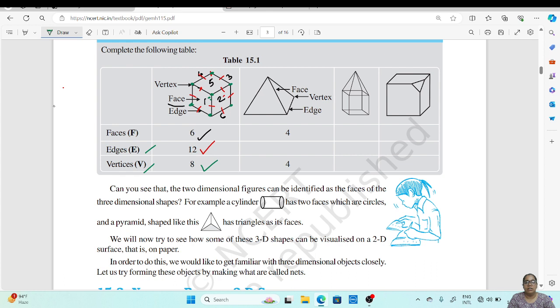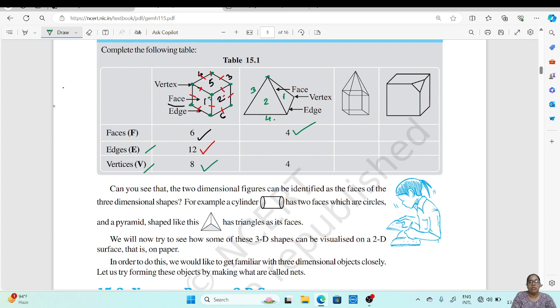So this is a pyramid which has how many faces? 1, 2, 3 and the bottom one 4. So there are a total of 4 faces. How many vertices are there? There are 4 vertices.